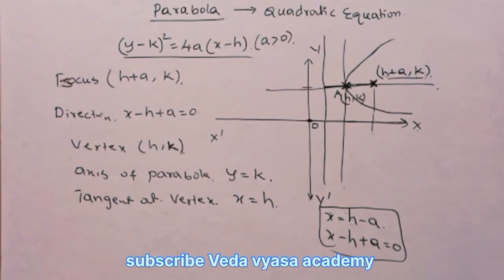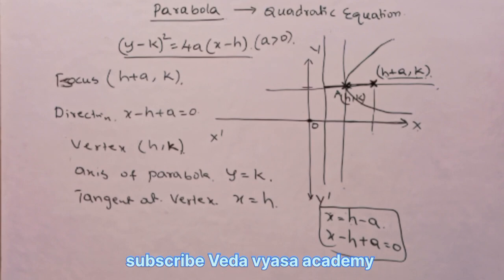Okay. Focus is (h plus a, k). Equation of directrix: x minus h plus a equal to 0. Axis of parabola: y is equal to k.